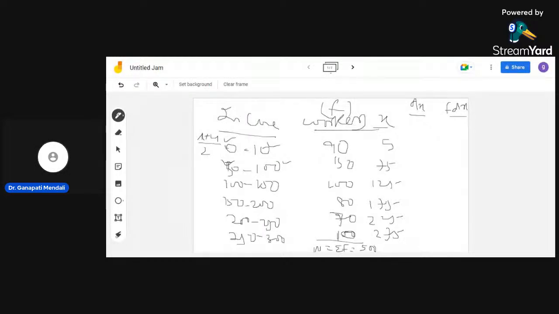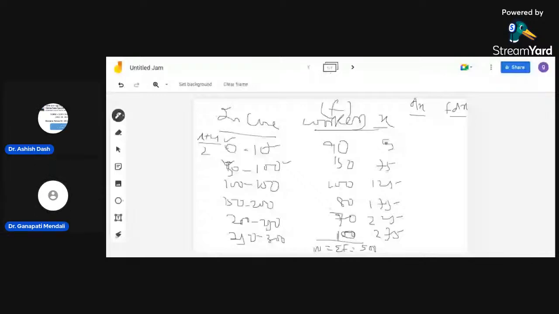Here x is given, the mid value. Minus a, and a is again assumed. So let us take a is equal to 125. Here we are taking a is equal to 125, and x is equal to 5 here.